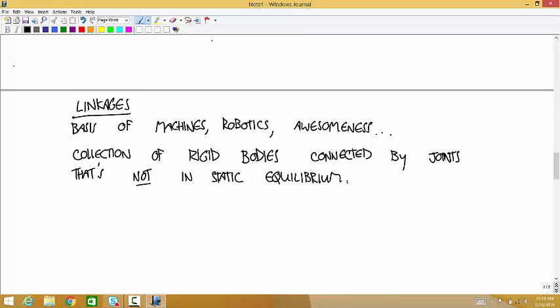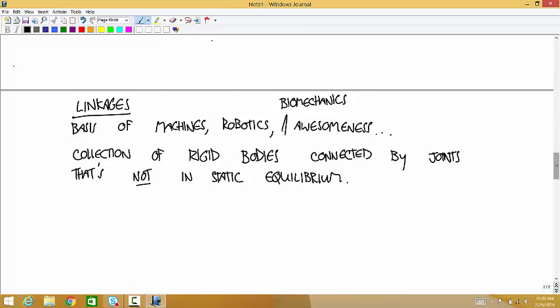One more thing: it's the basis of machines, robots, biomechanics. That's why I like it, because that's the area that I worked in for a long time.